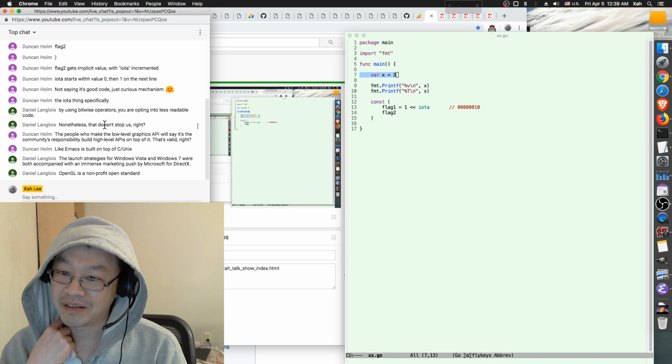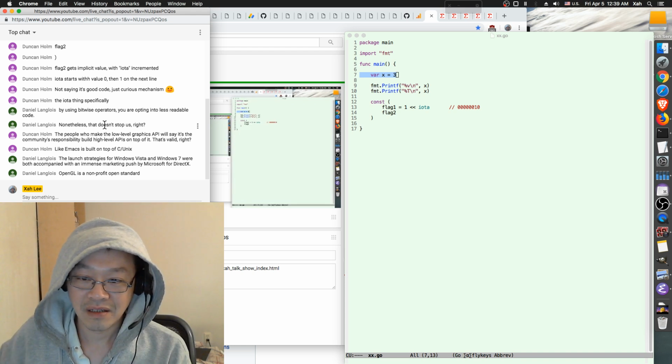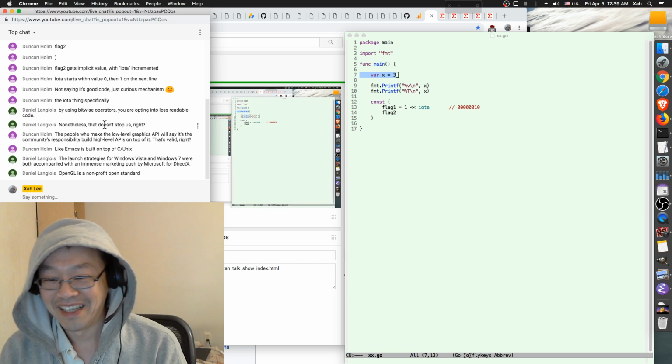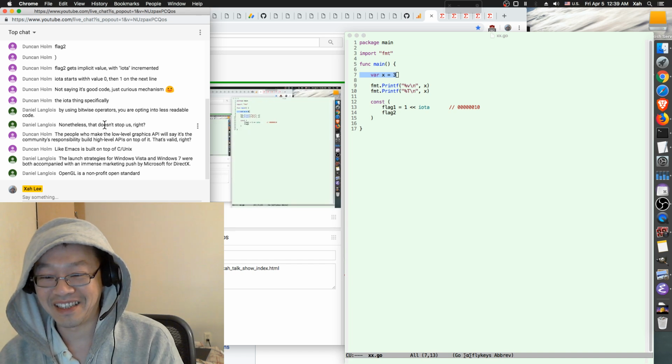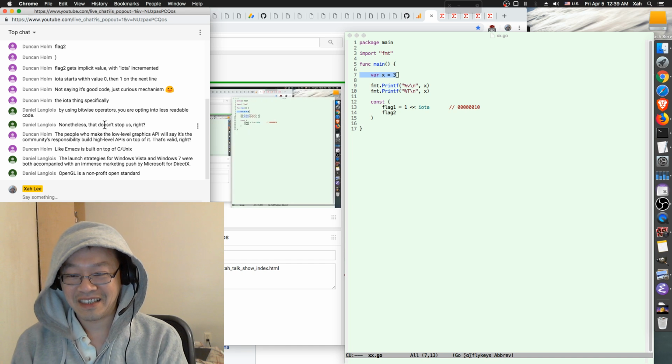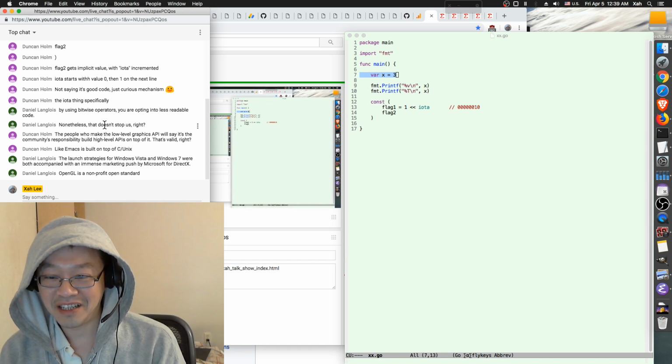As far as I know, it never happens. Like Emacs is built on top of C and Unix. You can say that, but you can say that about anything.